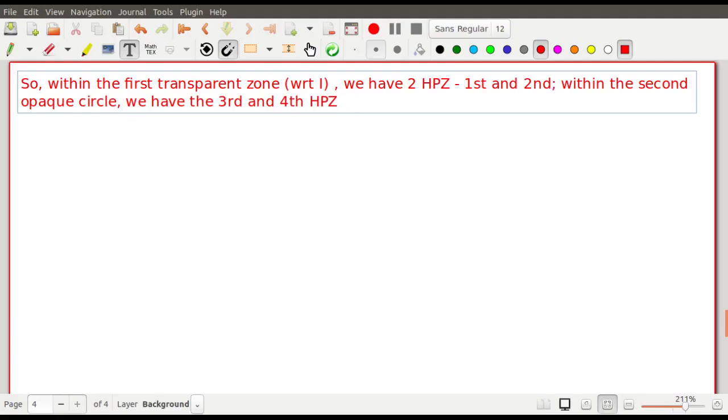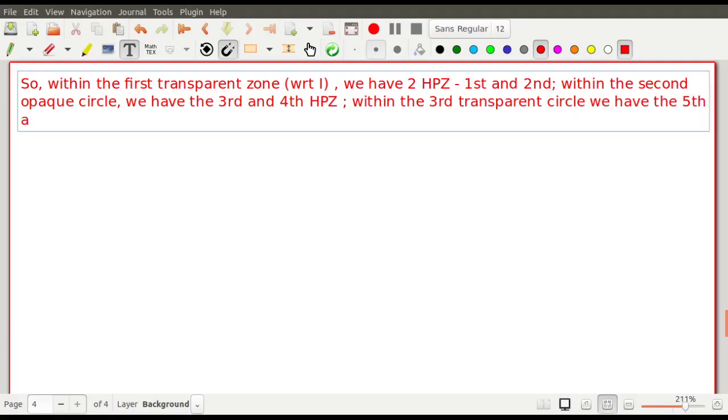And within the third transparent circle, now within the third one, third is transparent again, within the third transparent circle we have the fifth and sixth half period zone.